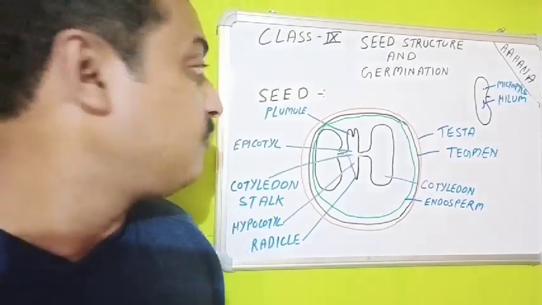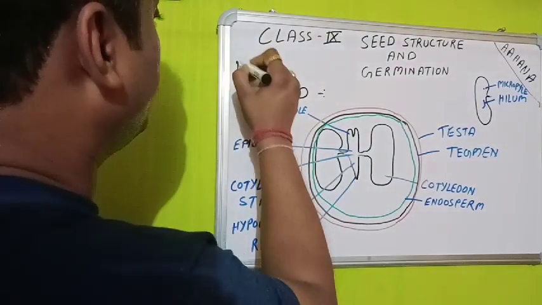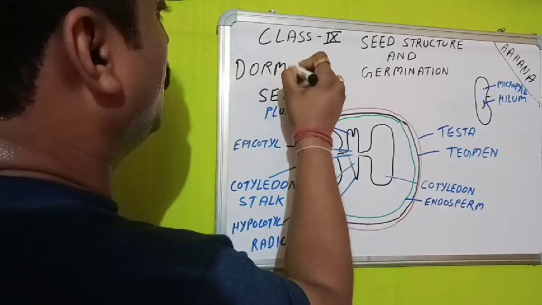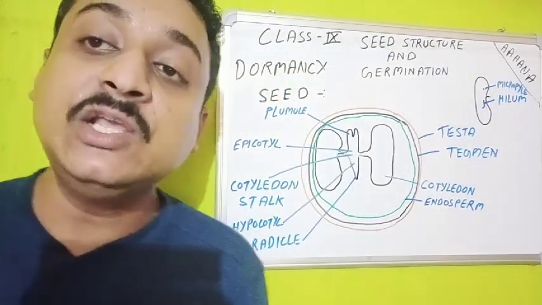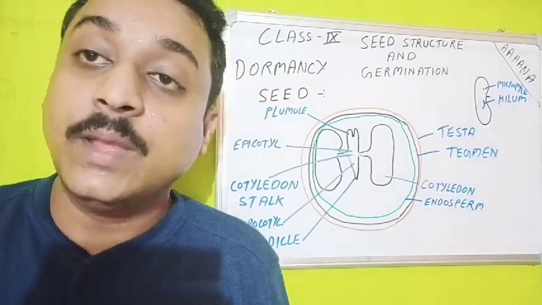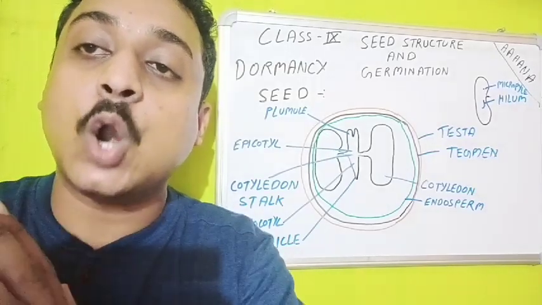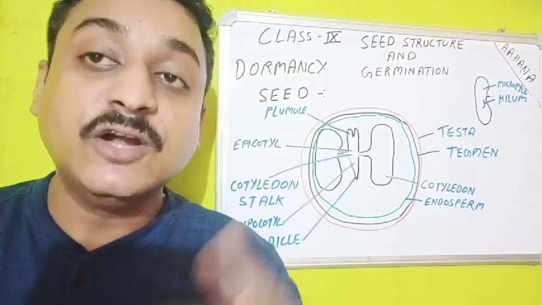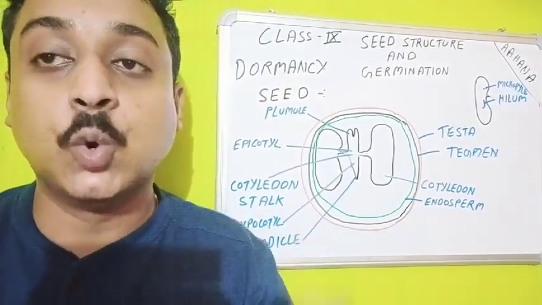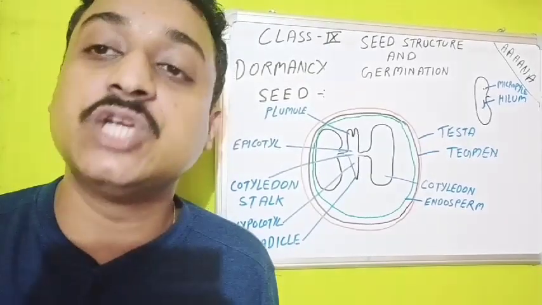And one more term I would like to discuss today, that is dormancy. Dormancy is a term which shows the inactivity of the seed. When the weather conditions are not at all favorable, adverse weather condition, too much heat or too much cold, at that time the seed will not germinate.